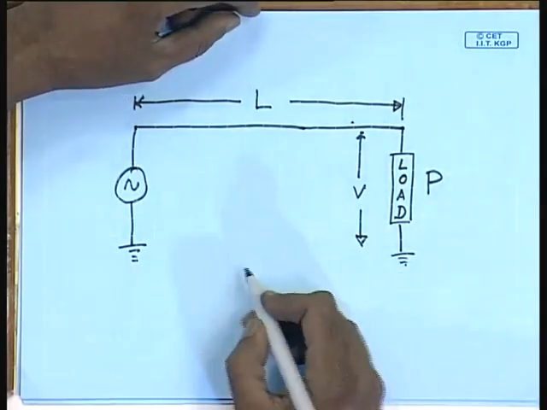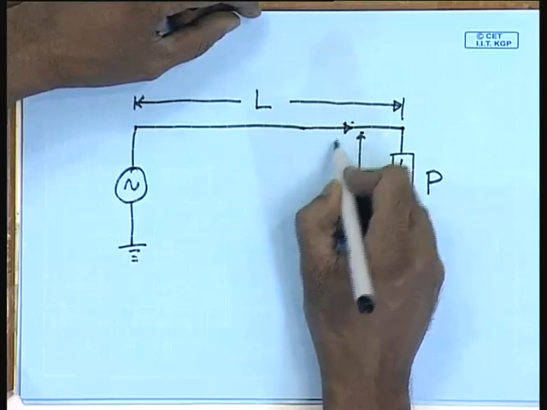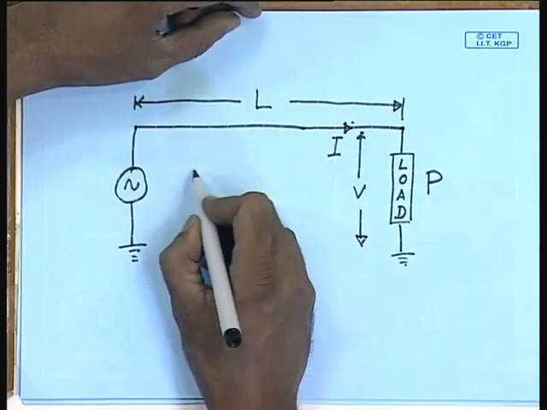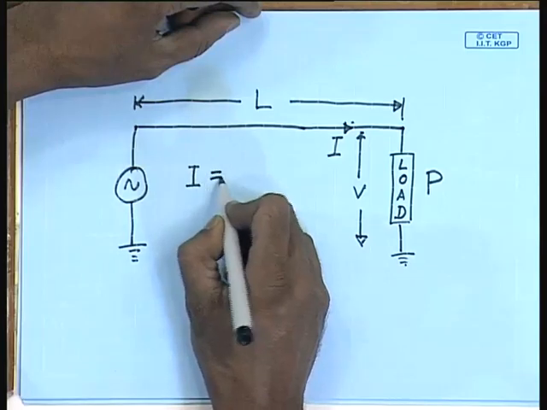You can easily find out the current I drawn by the load is given by P by V.